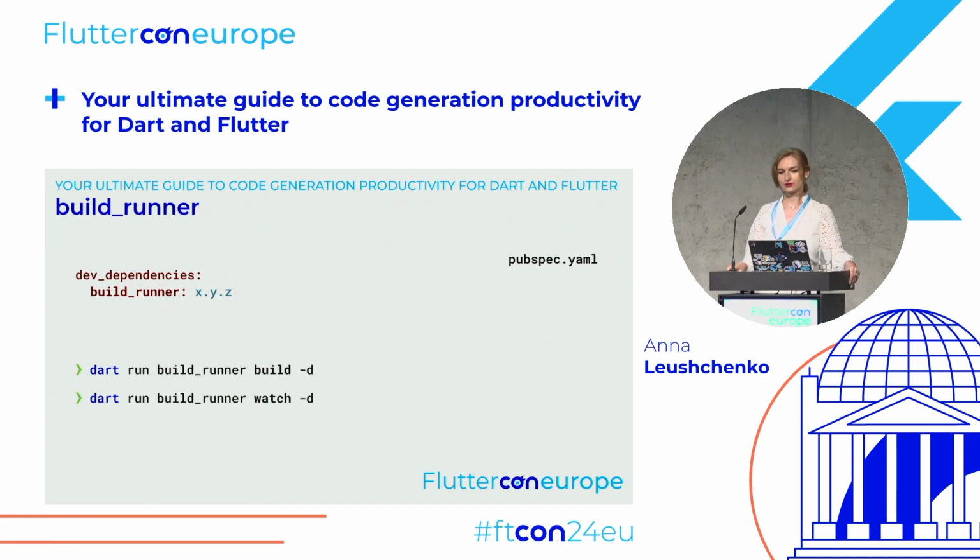And it also supports watch mode, which monitors the file system and instantly updates output files as soon as the input files change. Watch mode is useful for when developers are actively working on some package. And the -d parameter here is short for delete conflicting outputs. It is a recommended one. It silences prompts that Build Runner may show when it meets generated files it believes it didn't create.